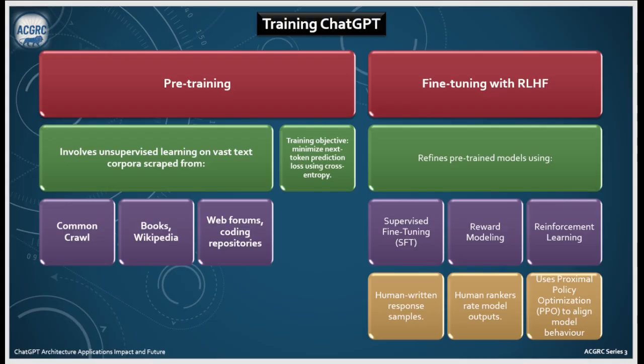Now, why is RLHF important? It makes ChatGPT safer, more useful, and more aligned with human values. It reduces the chance of wrong, harmful, or inappropriate outputs. It helps ChatGPT handle nuanced, polite, and complex conversation.